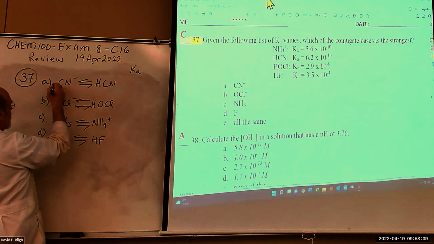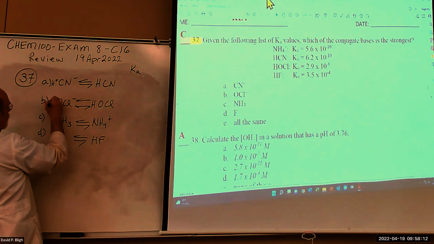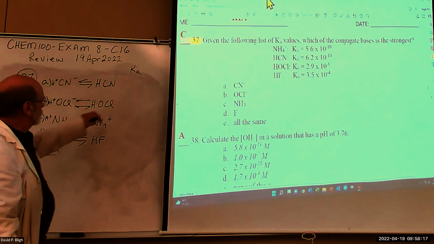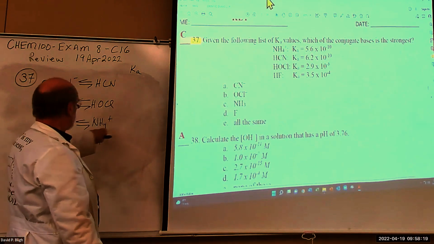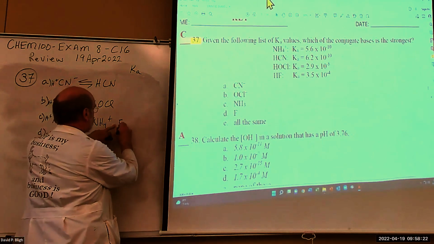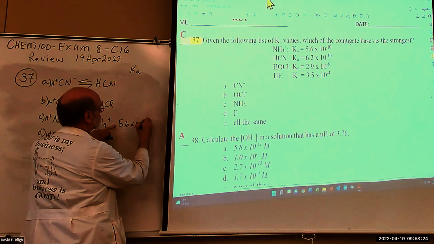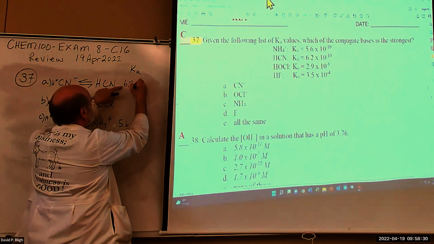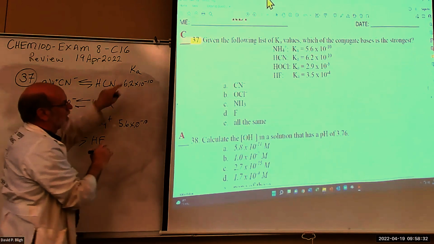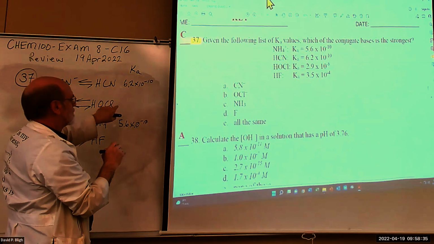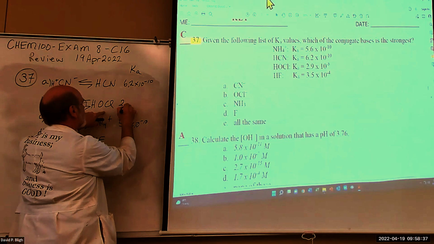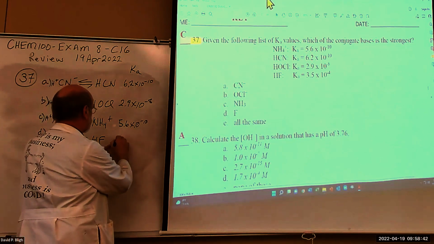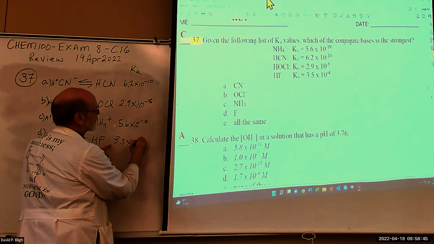And then, of course, you've got the hydrogen ions over here. Okay, so the K value for this one is 5.6 times 10 to the minus 10. This one is 6.2 times 10 to the minus 10. And this one is 2.9 times 10 to the minus 8. And this one is 3.5 times 10 to the minus 4.